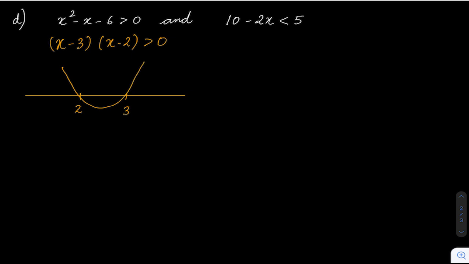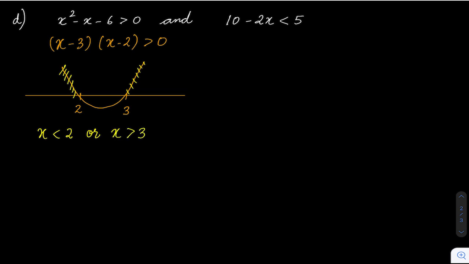And I need greater than. So again, the same thing we are getting here. So it should be less than 2 or it should be greater than 3, because between 2 and 3 the quadratic is negative. So my answer is x is less than 2 or x is greater than 3.